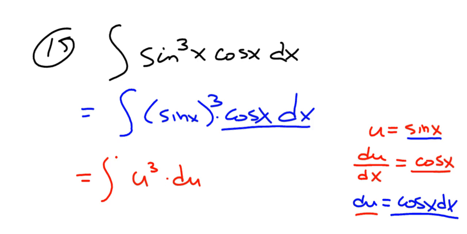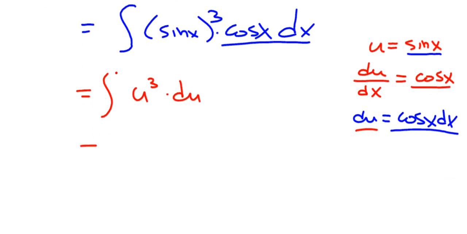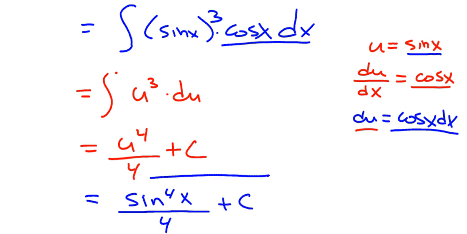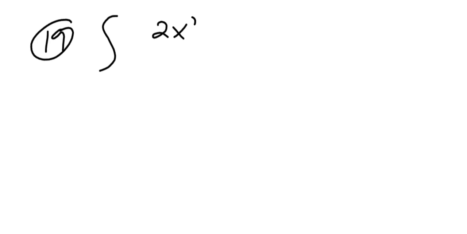Much easier to take the antiderivative now: u to the fourth over 4 plus c. The last step is to resubstitute for u, and I have sine to the fourth power of x over 4 plus c. So let's do another one. We're going to do number 19. Number 19 gives us this integral.